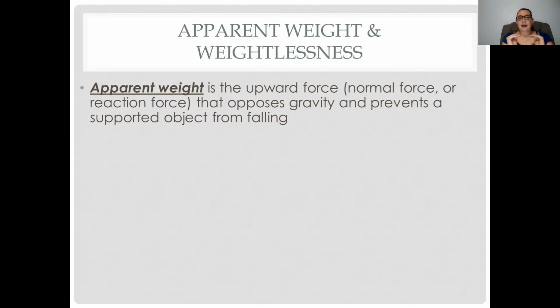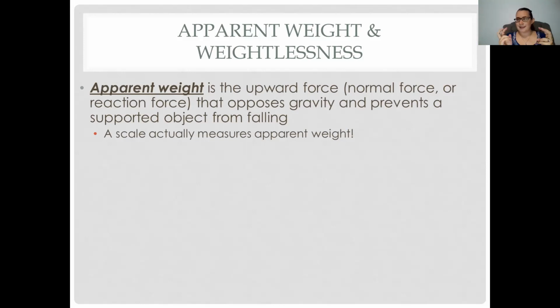So it's actually that upward force that we feel against our feet holding us up that's preventing us from falling down due to gravity. So when you're stepping on a scale to get your weight, what you're actually getting is your apparent weight. The amount of force that the scale is applying to hold you up, that's the apparent weight.